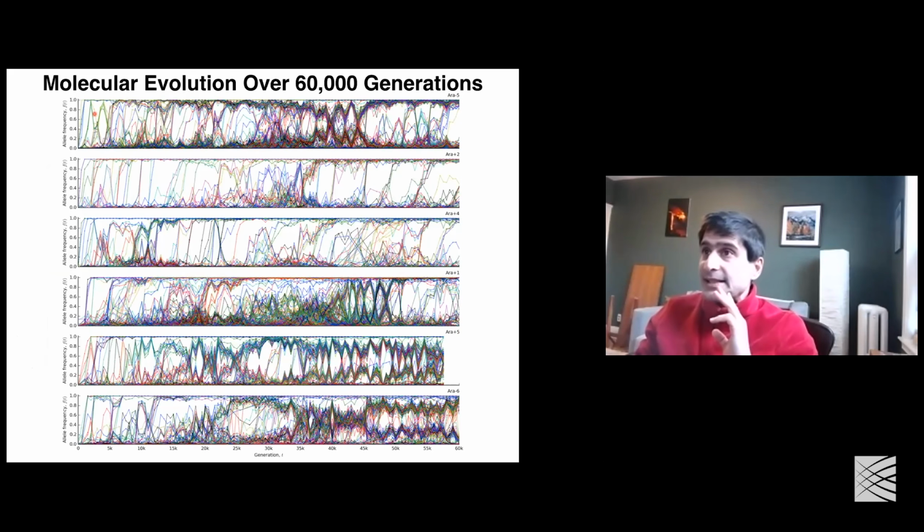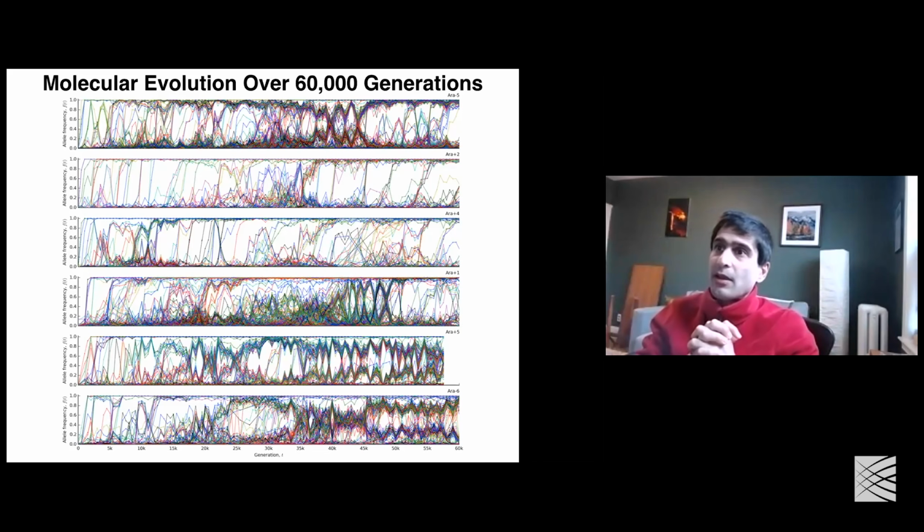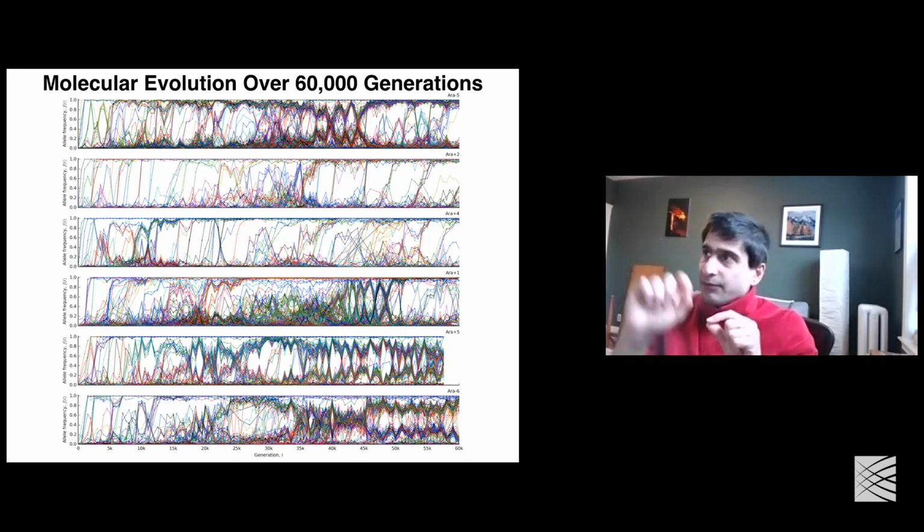Now I'm showing 60,000 generations here, and these 6 panels are 6 of the independent replicate populations. Each of these lines is a new mutation that arose in that population. I'll talk in a few minutes about what those mutations are.